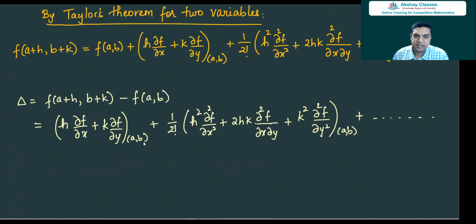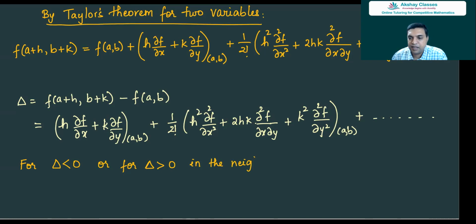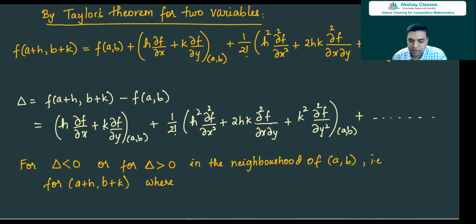So what we can observe is that for delta less than 0 or for delta greater than 0, in the neighborhood of a comma b, that is for a plus h comma b plus k, where h and k take small positive or negative values.